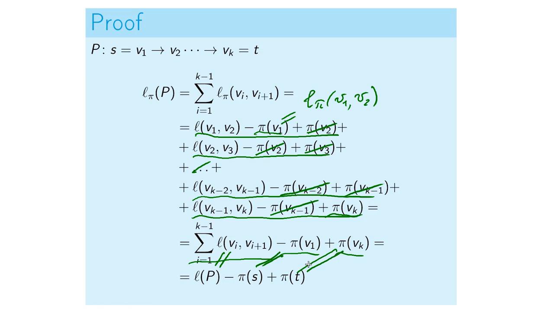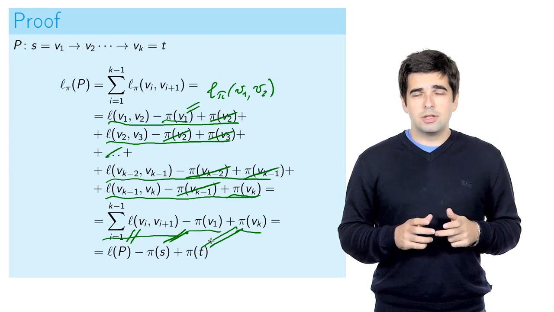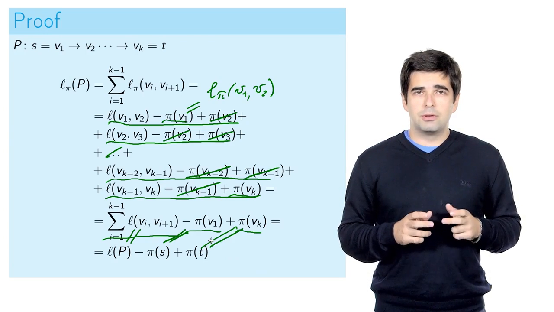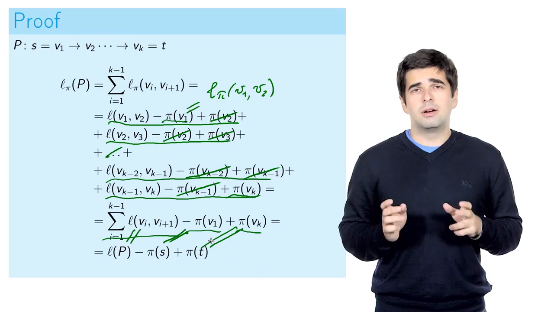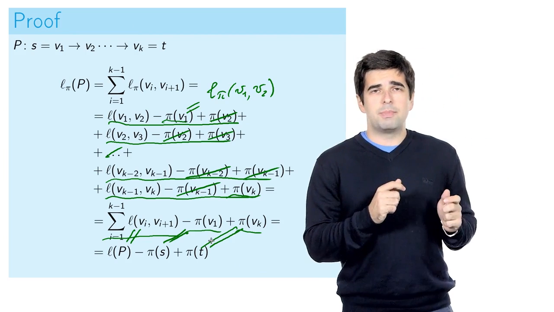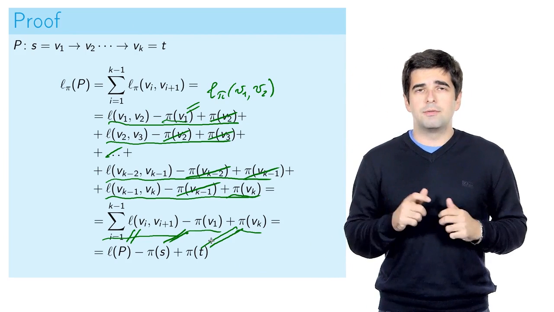So the length of the path in the new graph is equal to the length of the path in the initial graph minus the potential of the starting vertex plus the potential of the target vertex. So we've proved our lemma, and so we know that the shortest paths in the initial graph and in the new graph with new edge weights are the same, although their lengths differ by some constant depending on the starting and ending vertex of the path.